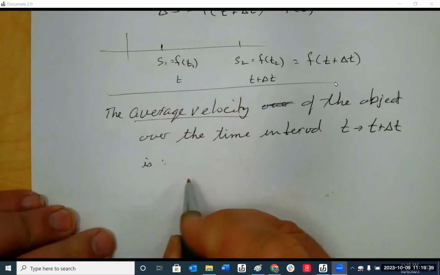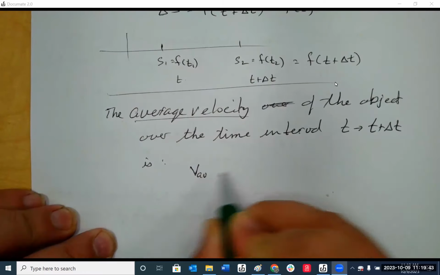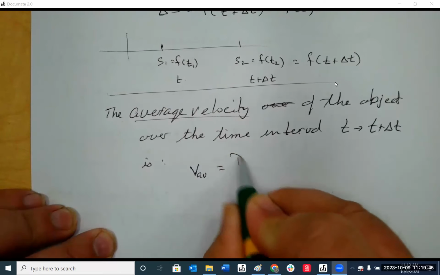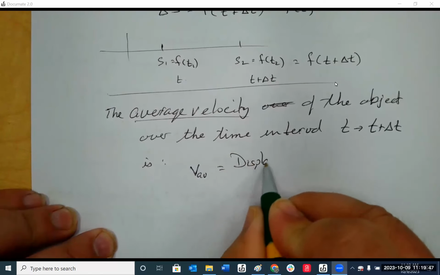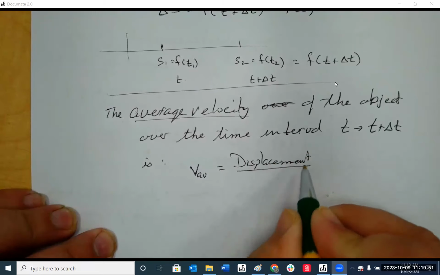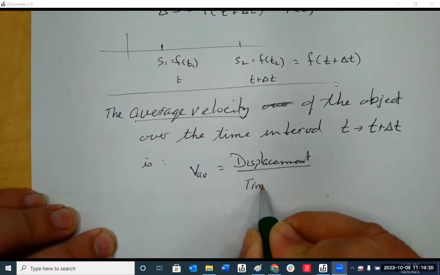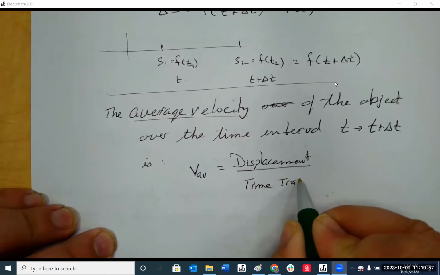So the average velocity is the displacement divided by the time traveled.